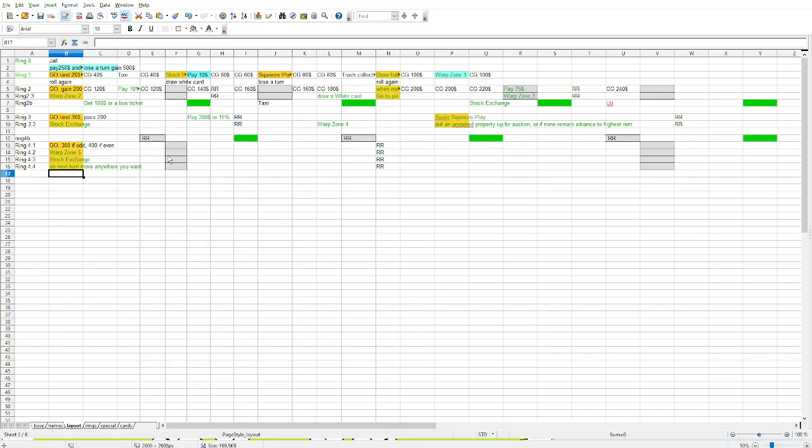It just occurred to me that my diagram here does not actually have ring 4C separate from ring 4. Oh well. You know what? I'll just put it right here.